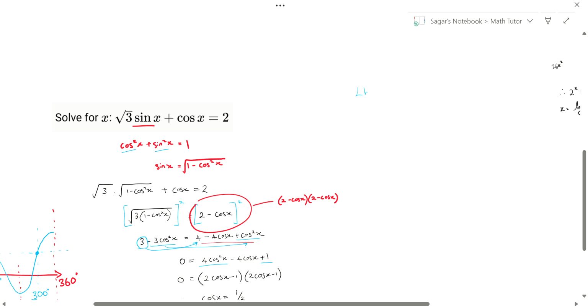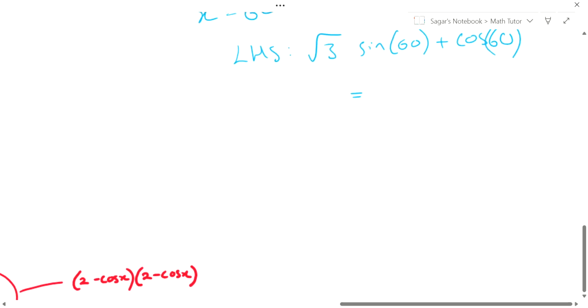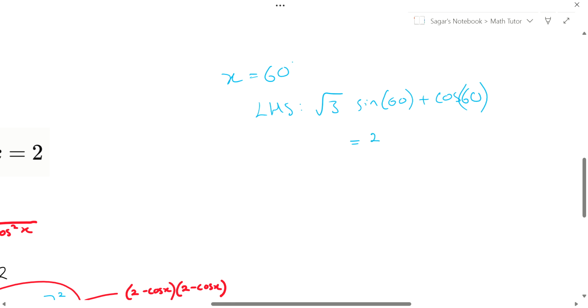So on the left side, let us substitute x equals 60 degrees. We have root of 3 sine 60 plus cos 60, and that should be 2. Now let us look at the left hand side for x equals 300.